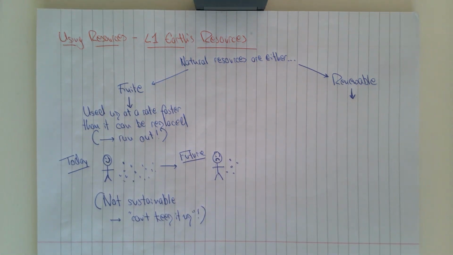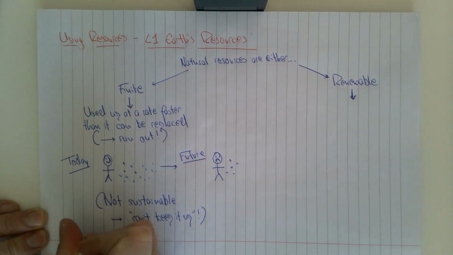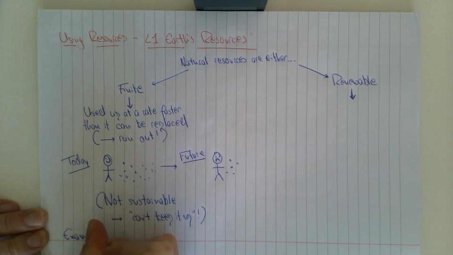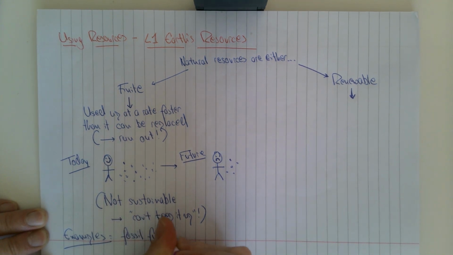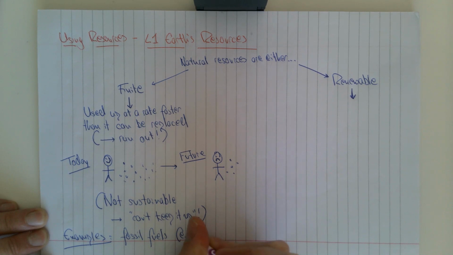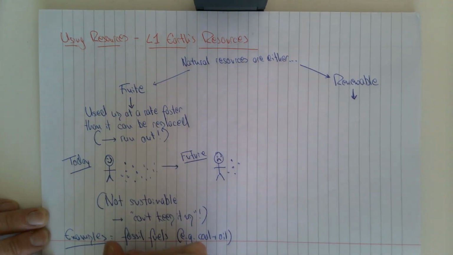So examples of natural finite resources that we often use too quickly, too much. One of the common ones, fossil fuels, e.g. coal and oil, and also metal ores.